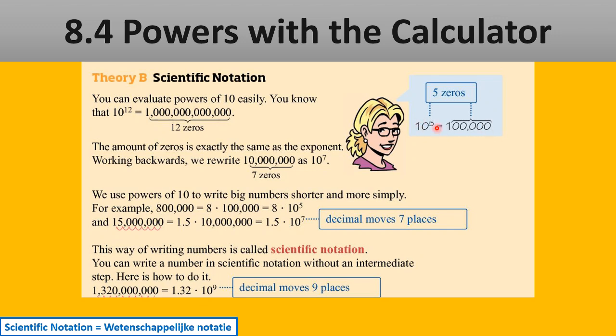This saves me a lot of time when I write this down, and it gives me a quicker evaluation of how many zeros this number has and how big it actually is. So the amount of zeros is exactly the same as the exponent.